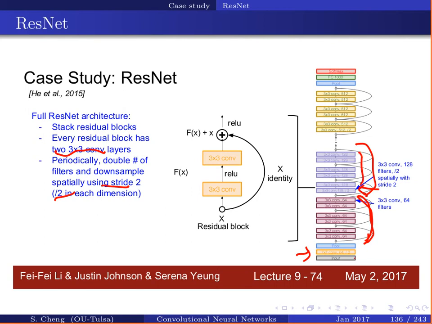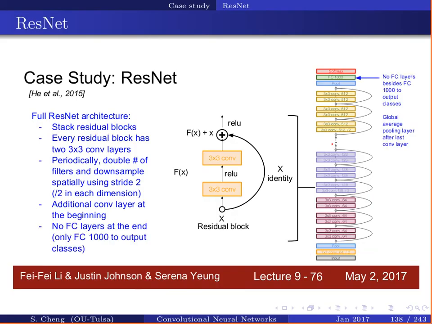I don't know exactly the size for that, but let's say if the size here is 36, then after this stride 2 they go down to 18 and they keep 18 here, and then in the next group they go down further, smaller and smaller. So this is 36 by 36, let's say 18 by 18.